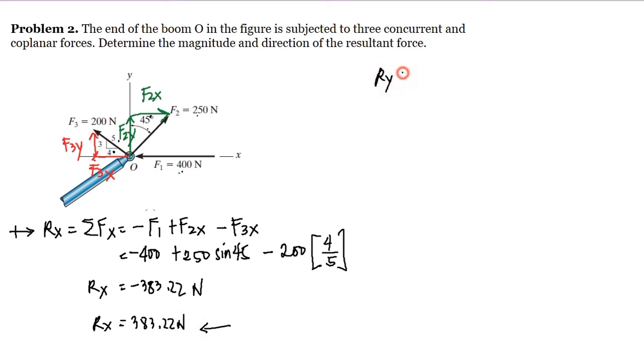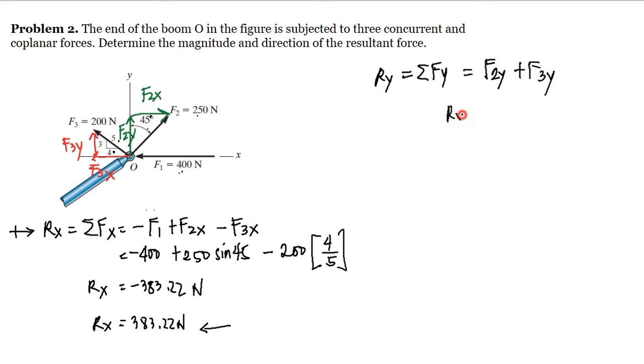Now computing for the Ry, we have Ry is the summation of the forces along the y direction. So this is equal to, for F1, we have no y component, so that's 0. For the F2, it is directed upward, so we have F2y positive. And for the F3, it is also directed upward, so it's F3y positive.